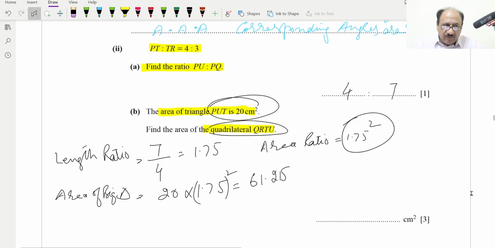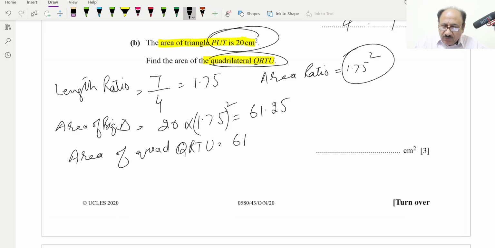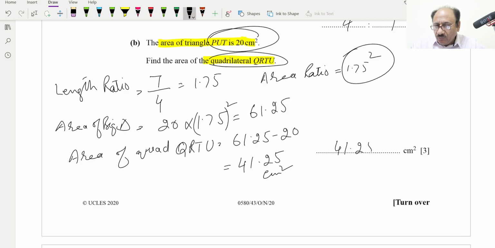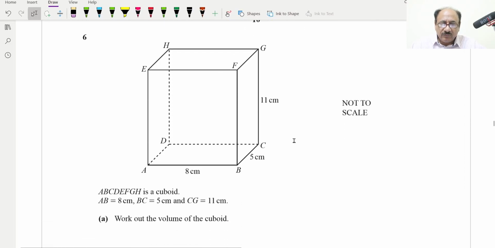So from the area of the bigger triangle, we will subtract the area of the smaller triangle, and we will get the area of quadrilateral QRTU, which will be 61.25 minus 20, equal to 41.25 centimeters square. So we will write here 41.25 centimeters square. A 3-mark question, which we have done. Hopefully you understood this question well.